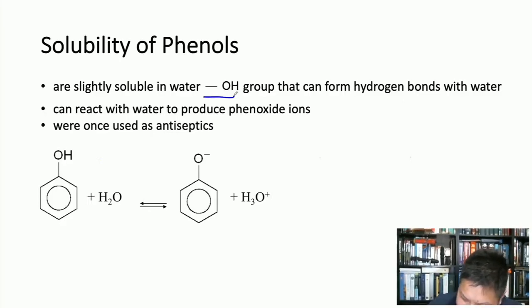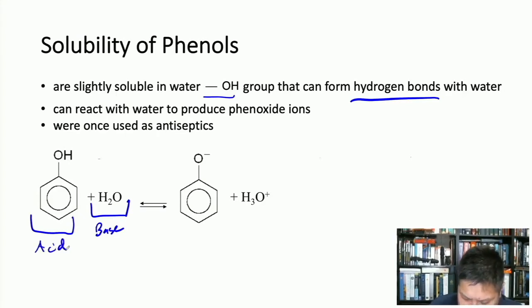So the hydroxyl group can form hydrogen bonds with the water molecules, just like in the last example, right? And when it does that, it can actually do acid-base chemistry, right? So here's your water, which is your base, and then your phenol here is your acid. And then when they combine with each other, I'm going to do something crazy here, so don't get confused.